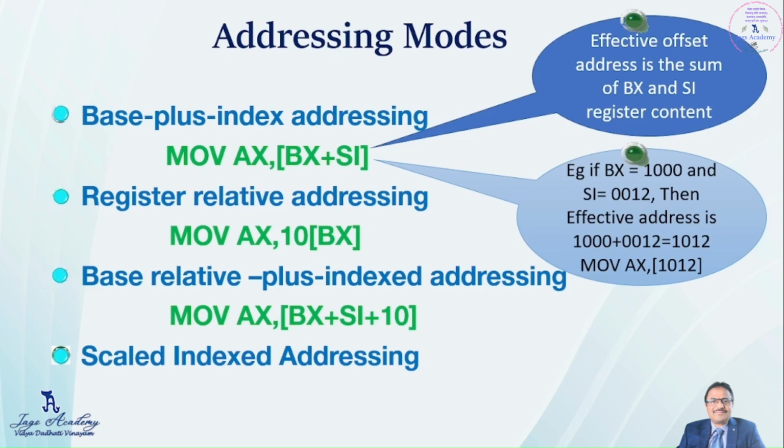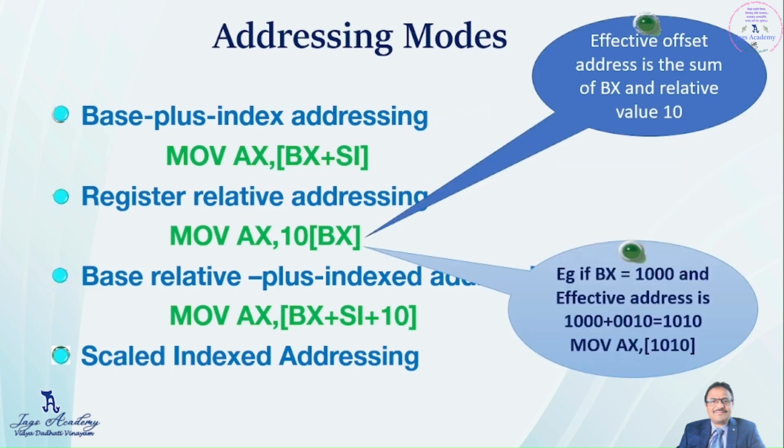Now, see the next one. This is called register relative addressing. Register relative. That means the effective address for this instruction is nothing but within the square bracket BX plus 10. BX plus 10. That's the effective address. Have you understood this?